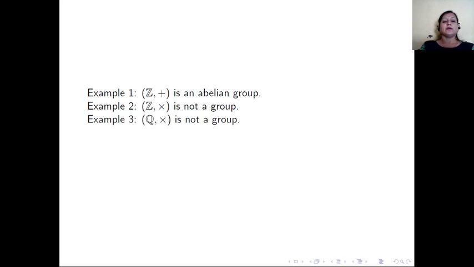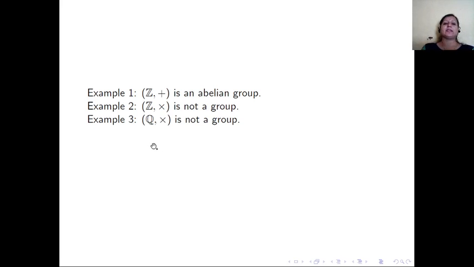Next example, Q under multiplication is not a group. So let us see what is the difference. For Q, multiplication is a binary operation. Then it is associative. One is the identity element. What about the inverse? For 3, there is an inverse. For 3, there exists 1 by 3 belongs to Q, such that 3 into 1 by 3 is 1, which is the identity.